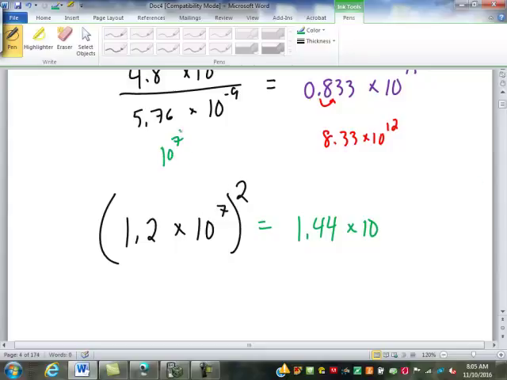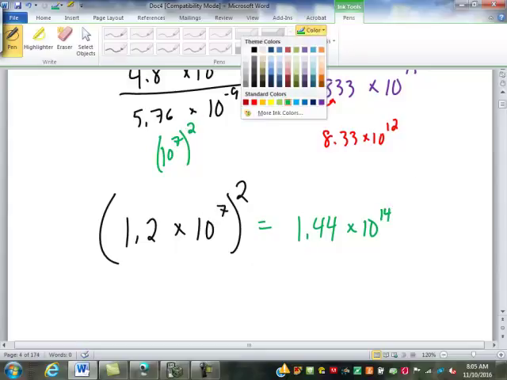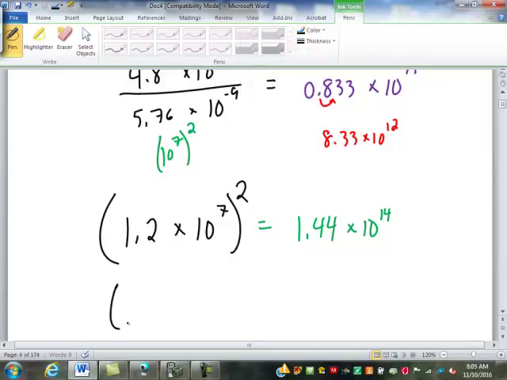If I take 10 to the 7th squared, it would be 7 times 2, right? So the 14th. Very good. 1.2 squared means 1.2 times itself. So let's say I have 3.8 times 10 to the negative fifth to the fourth power. So I have to do 3.8 to the fourth power.